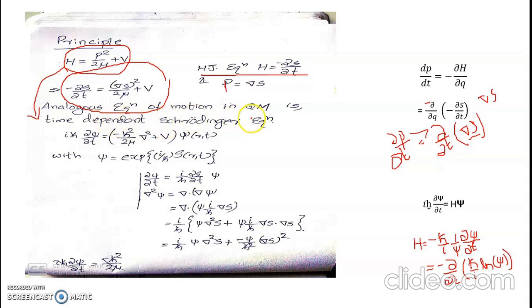An analogous equation of motion in quantum mechanics is nothing other than the Schrödinger equation, that is given by iħ ∂ψ/∂t equal to minus ħ²/2μ ∇² plus V operating over ψ, where ψ can be written as e raised to i/ħ S of r comma t, where S here is being represented as a mathematical function of position and time, the quantum mechanical action.